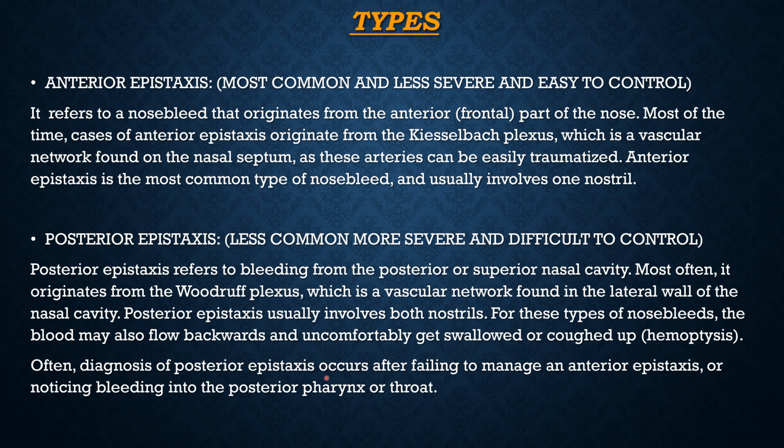Often the diagnosis of posterior epistaxis occurs after failing to manage an anterior epistaxis, or on noticing bleeding into the posterior pharynx or throat. Posterior epistaxis is mainly seen if there is any major disease condition, any malignancy, or any nasal polyps. But anterior epistaxis we mainly see if there is any picking of the nose or any trauma of the nose.